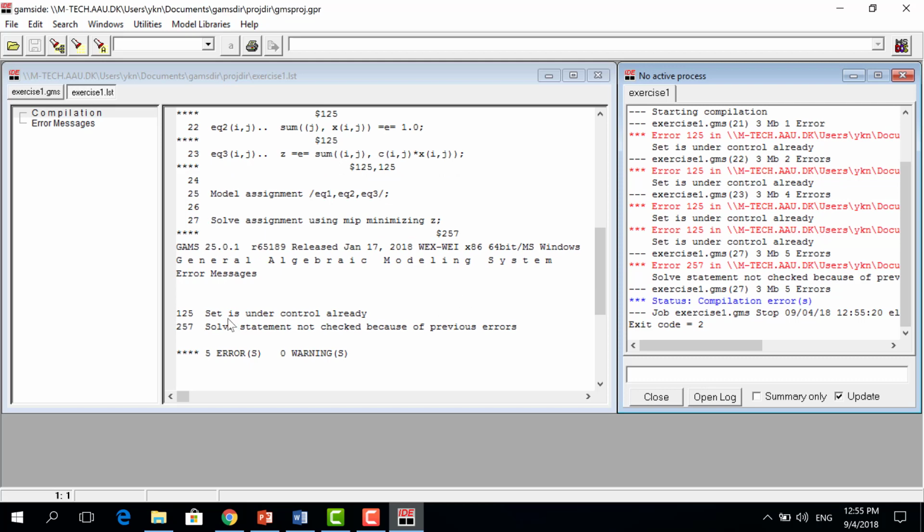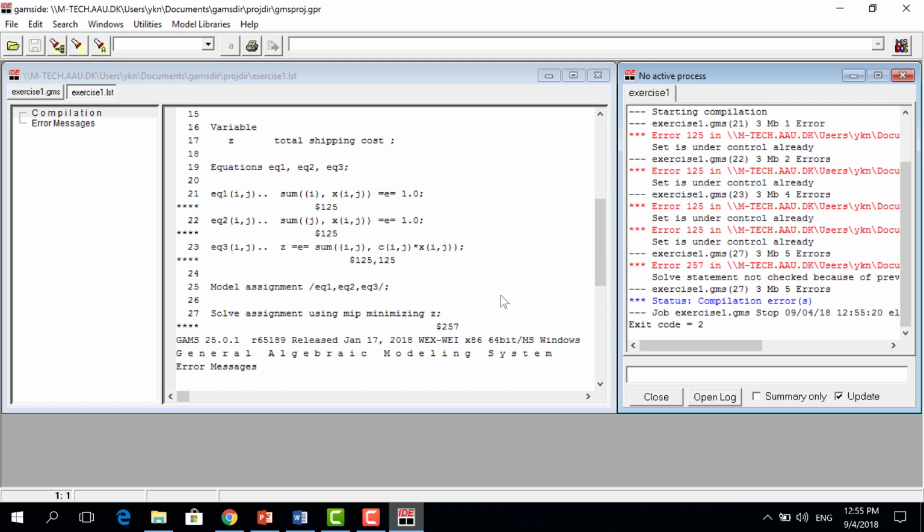Here we have, oh yes, 125 means the set is under control already. We have to eliminate one index here, because I is already under control. There is nothing wrong with this equation. But the problem is that in equation number 1, we redefine I here, because it is already under control, which means it should be eliminated from this statement.